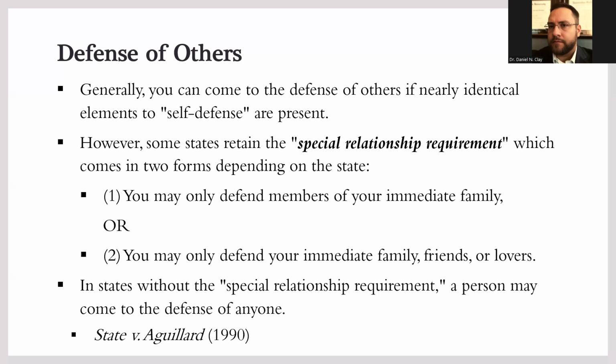Can you come to that child's defense? Can you just pop that guy? Well, in states that have a special relationship requirement, the answer is no. You cannot, right? Again, because the defense of others in these states says that you have to have a special relationship.